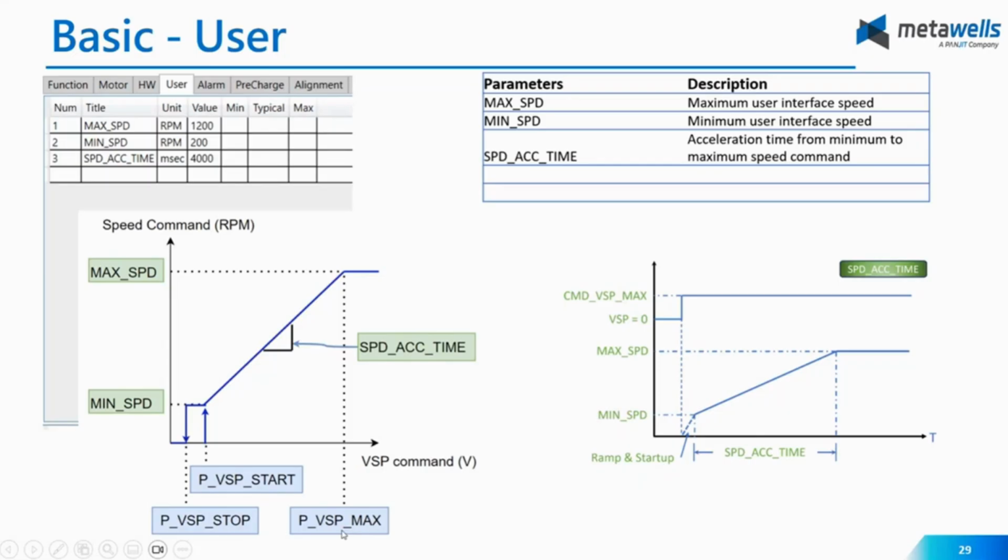These settings are shown in the blue box in the diagram. A small hysteresis is added between the stop and the start voltage to avoid chattering and bouncing when the signal is near the threshold.